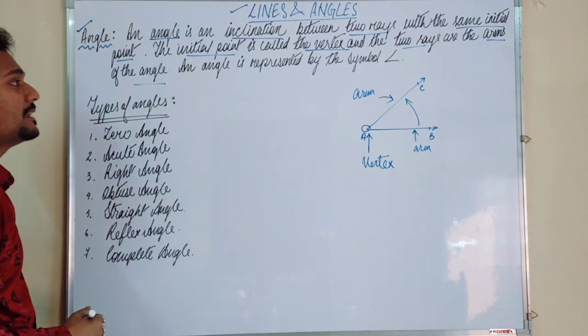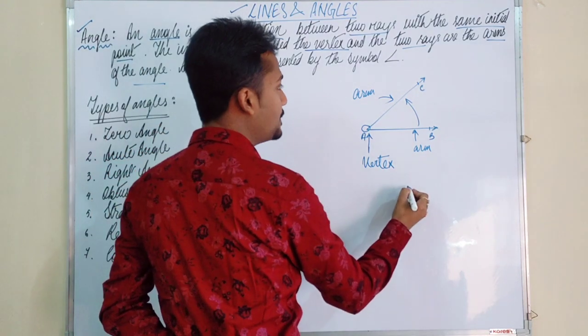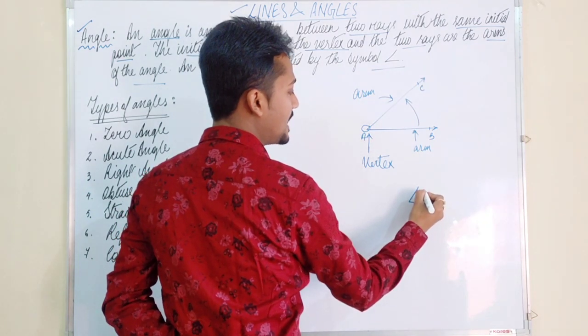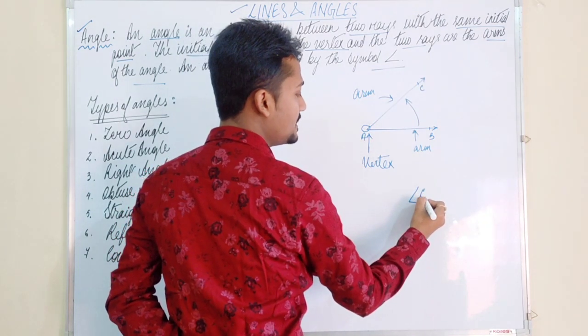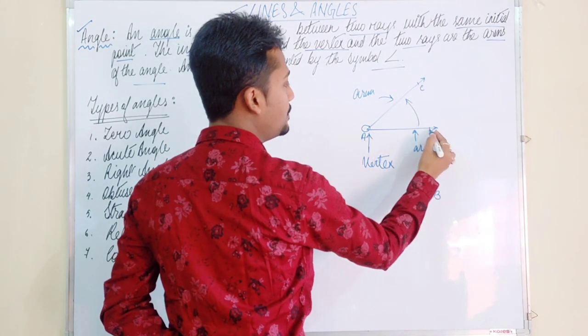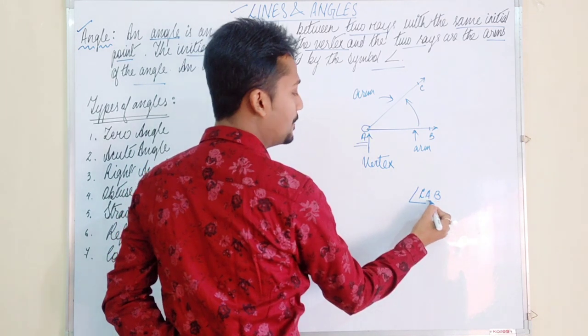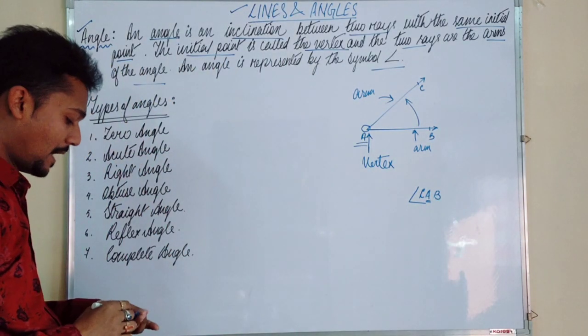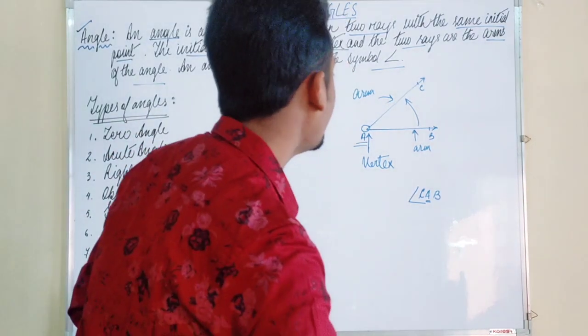The angle is represented by this symbol. So this is angle CAB. We keep the vertex in the middle. So I hope you have understood what an angle is.